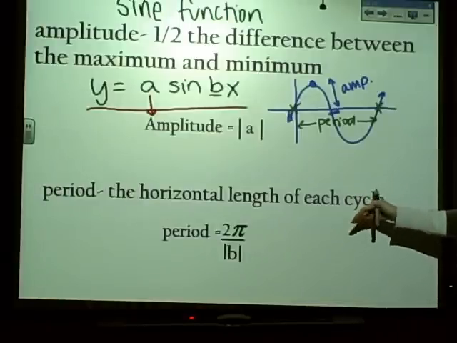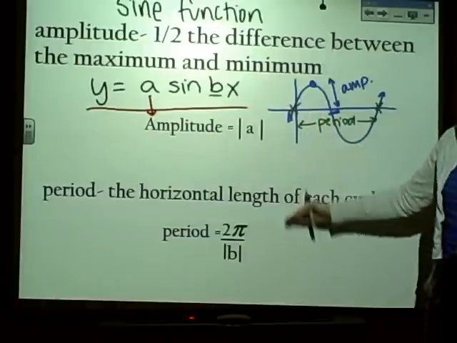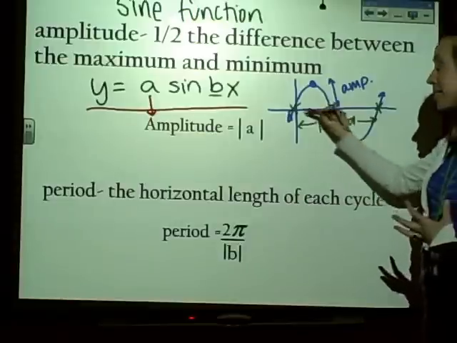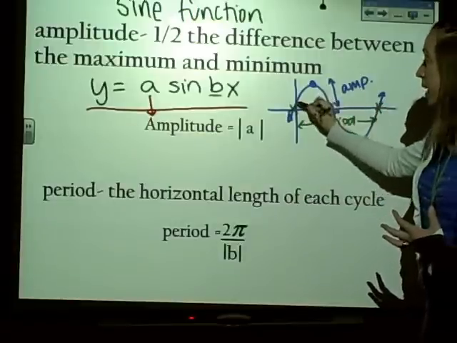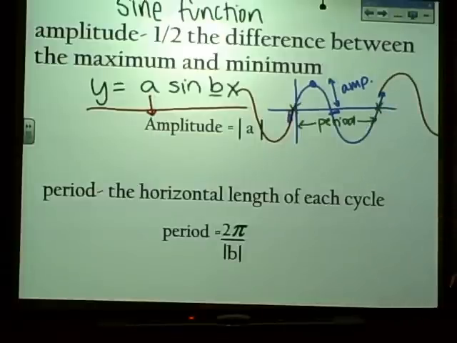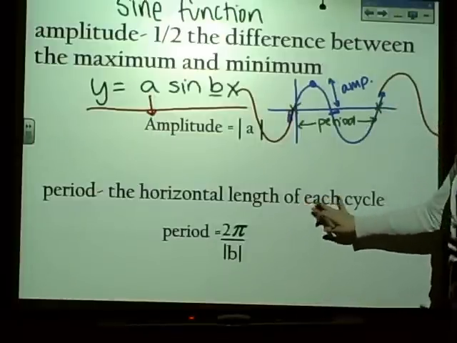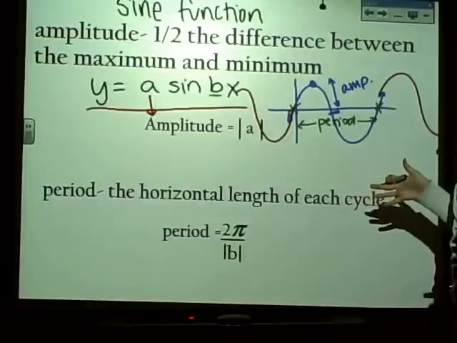The period is the horizontal length of each cycle. So the sine function is periodic. That means that it doesn't just stop here. It actually keeps going and so on and so forth. But what we want to focus on is what one period of that cycle is.